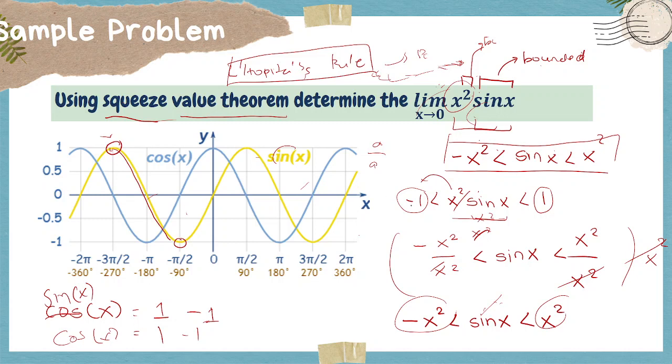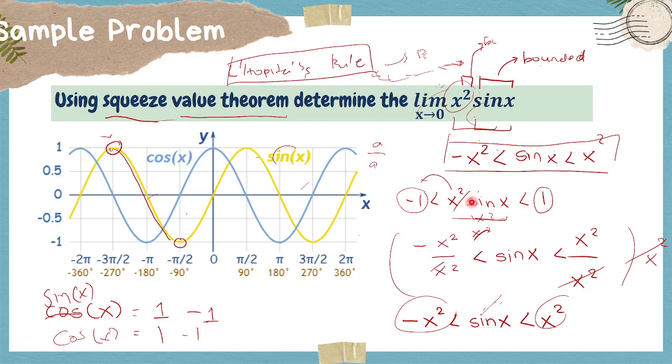Sir, bakit po dinivide ng x squared? Remember, the maximum and the minimum value is negative 1 and 1. So, if we have a function here in the middle, we need to find a way such that we can transform x squared to the other side, but we would still retain the property that the lower and the upper function is negative 1 and positive 1.